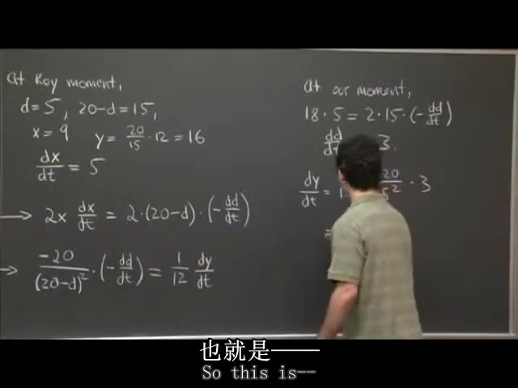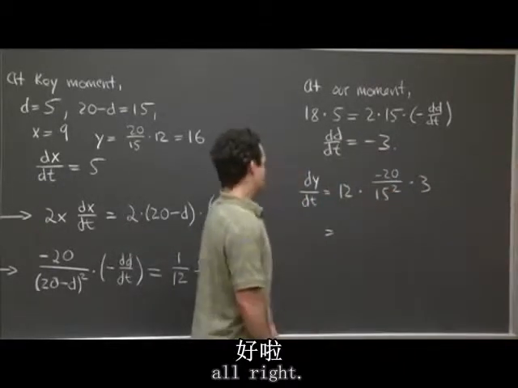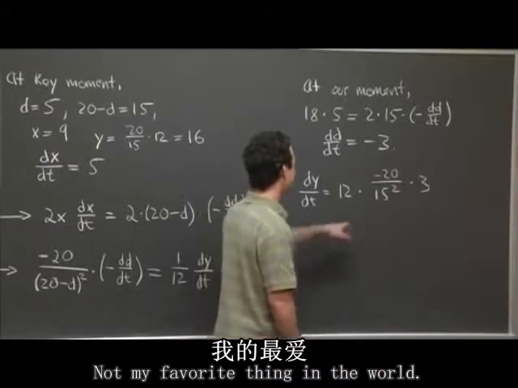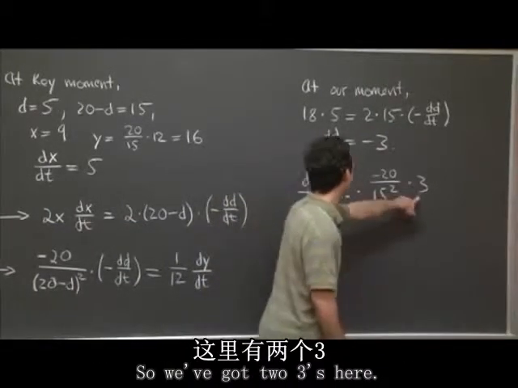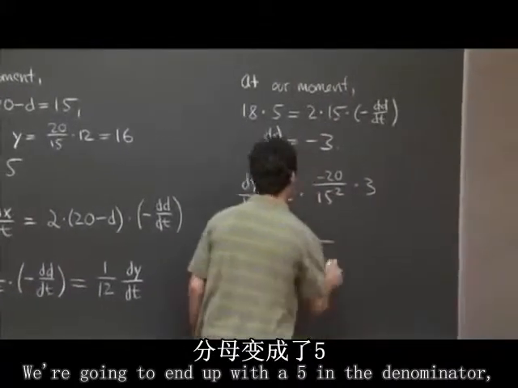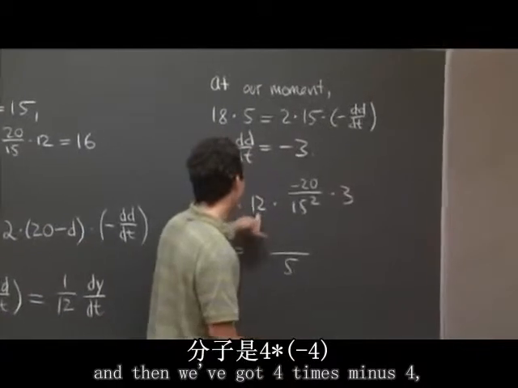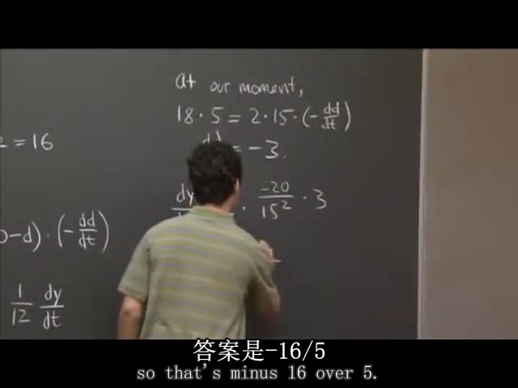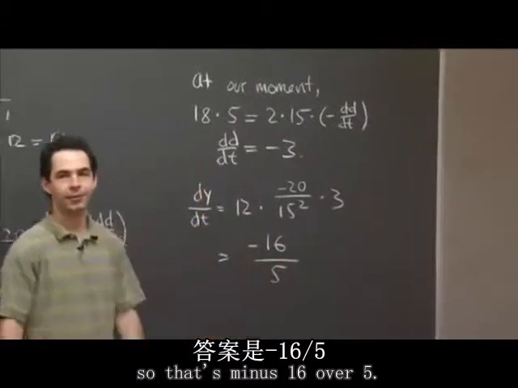Arithmetic, not my favorite thing in the world. We've got 2 3s here, we have to end up with a 5 in the denominator, and then we've got 4 times minus 4. So that's minus 16 over 5.